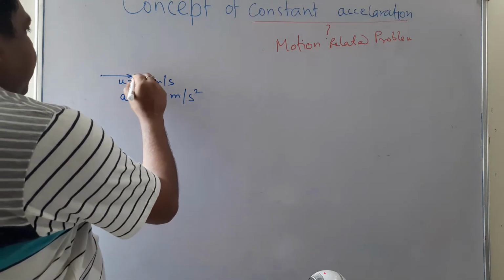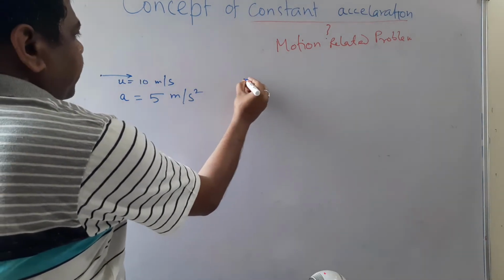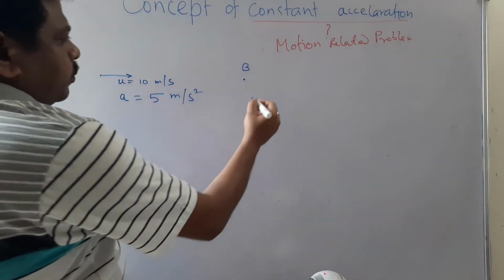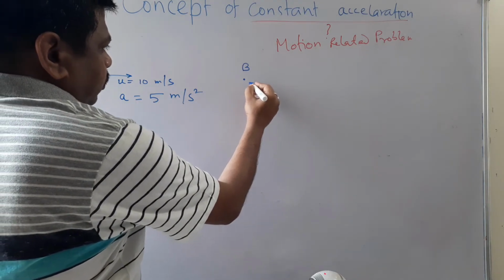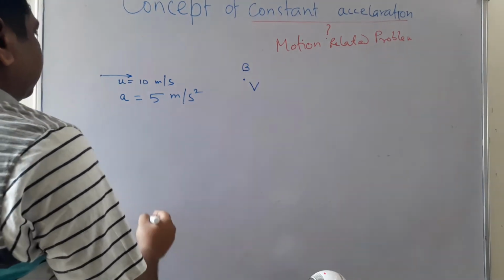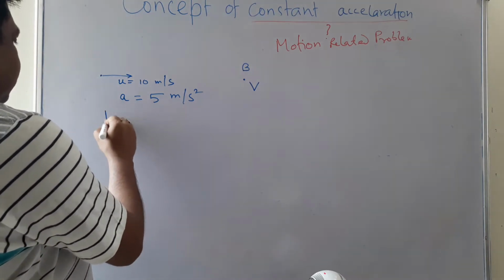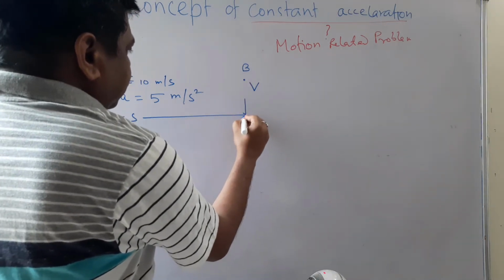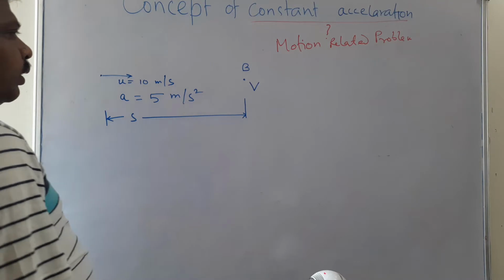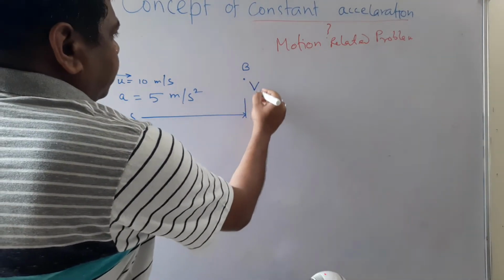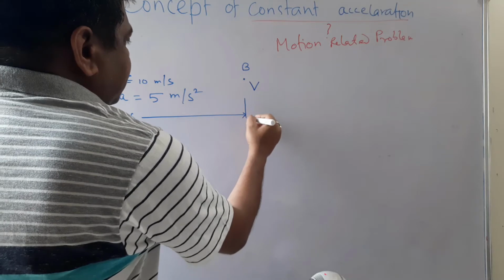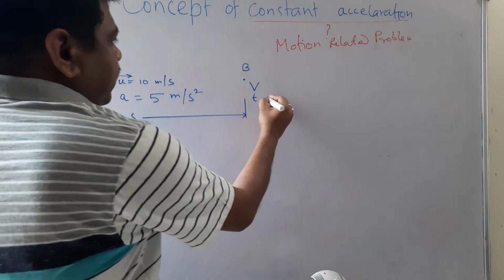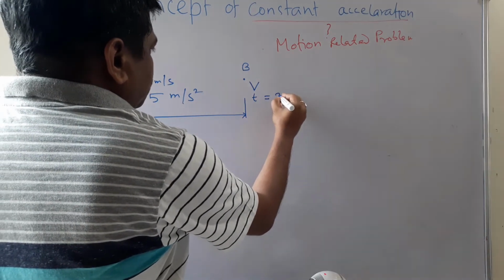After certain time it reaches point B, and here we have to find out that velocity and the distance covered by the particle after t seconds. Let's say here t equal to 2 seconds.